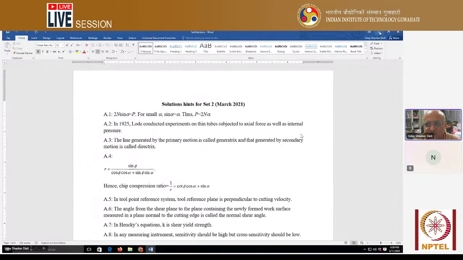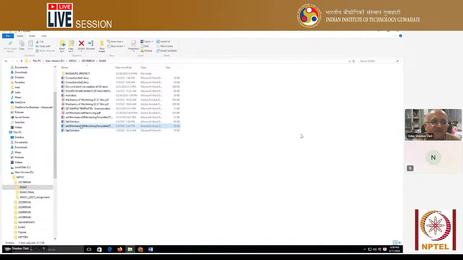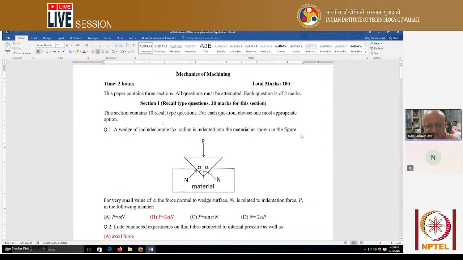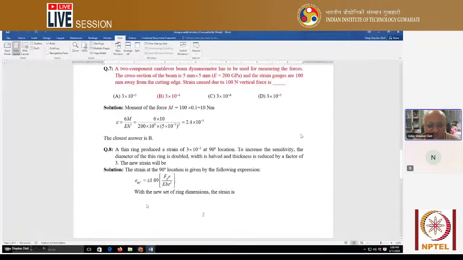So we'll have questions like this type of thing. Even multiple choice questions like assignment will come, but it is from the previous year's question paper. That is about this one, set 2, 2021.